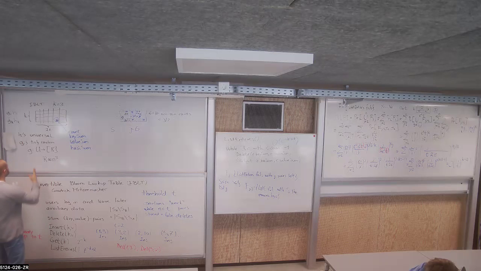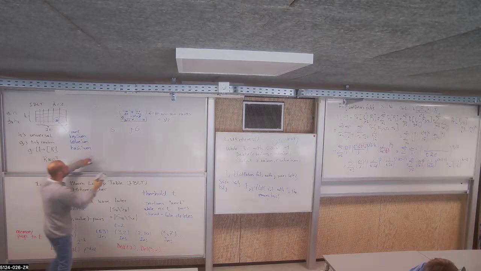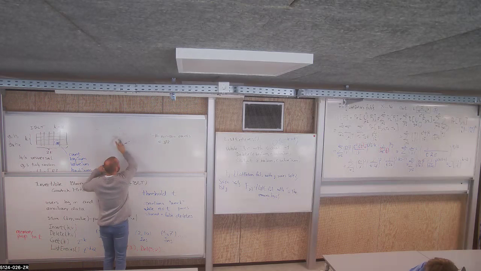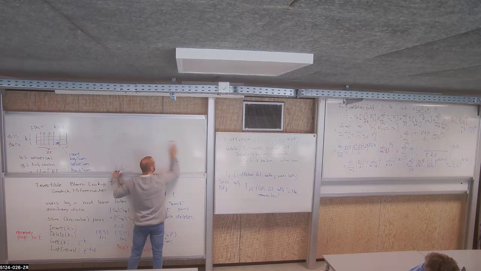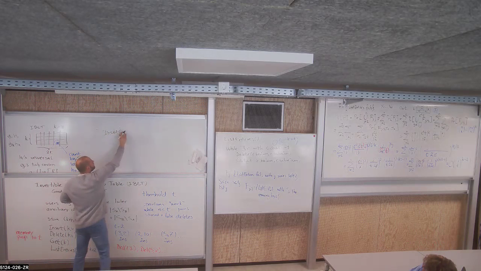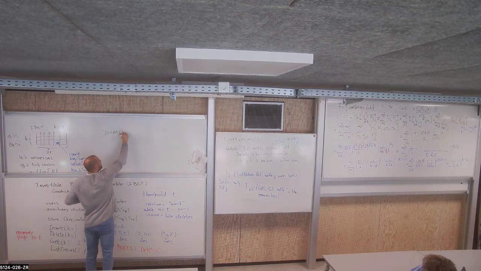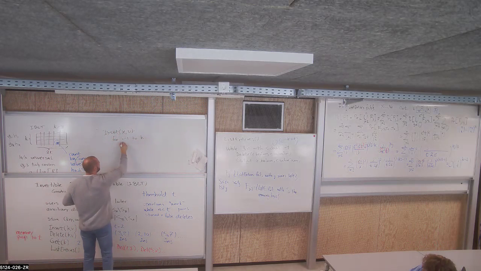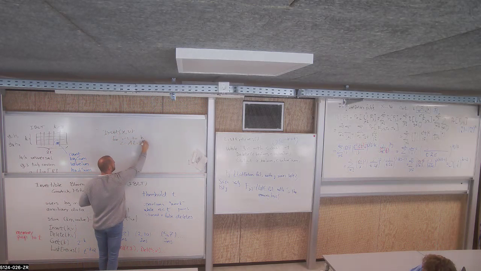Okay, so with this extra G, what are we doing? What we're doing, say, for instance, on an insert of a key X and a value B, is we loop over the rows, and then we get the cell.